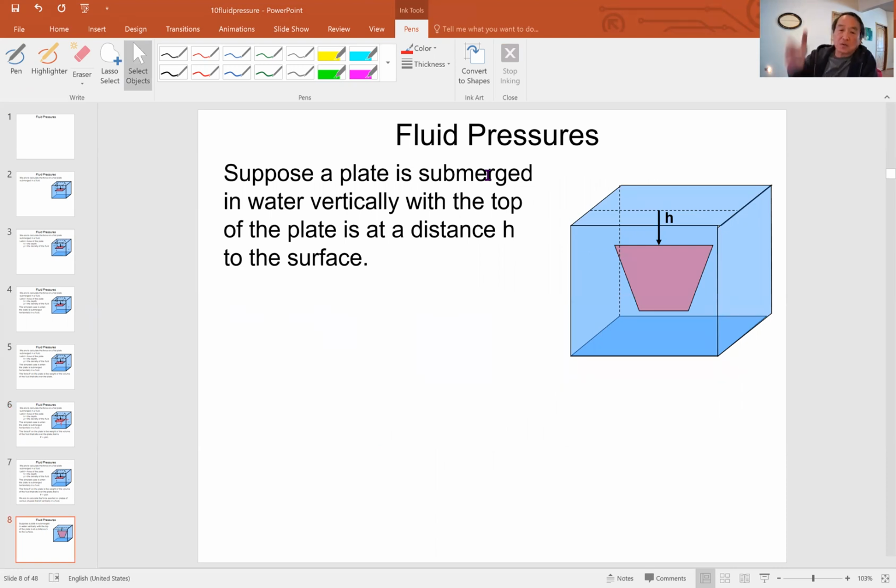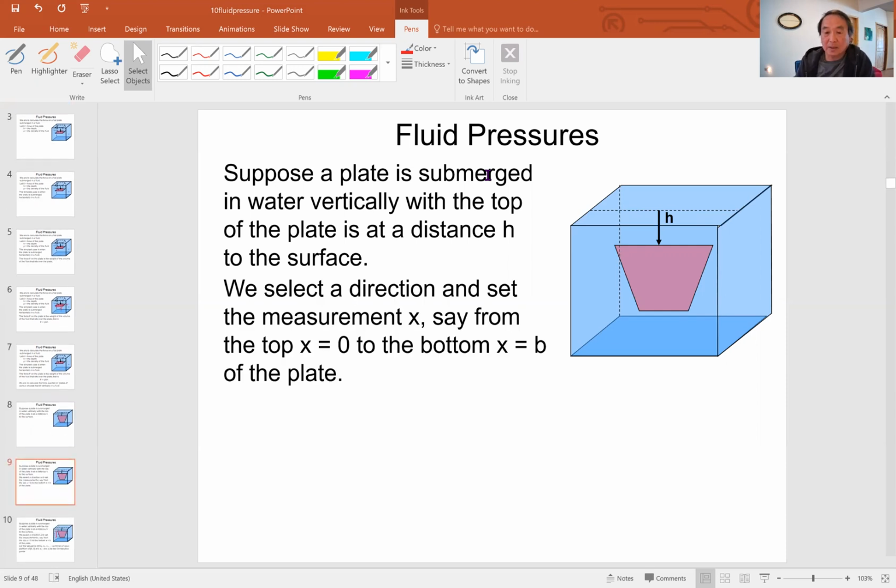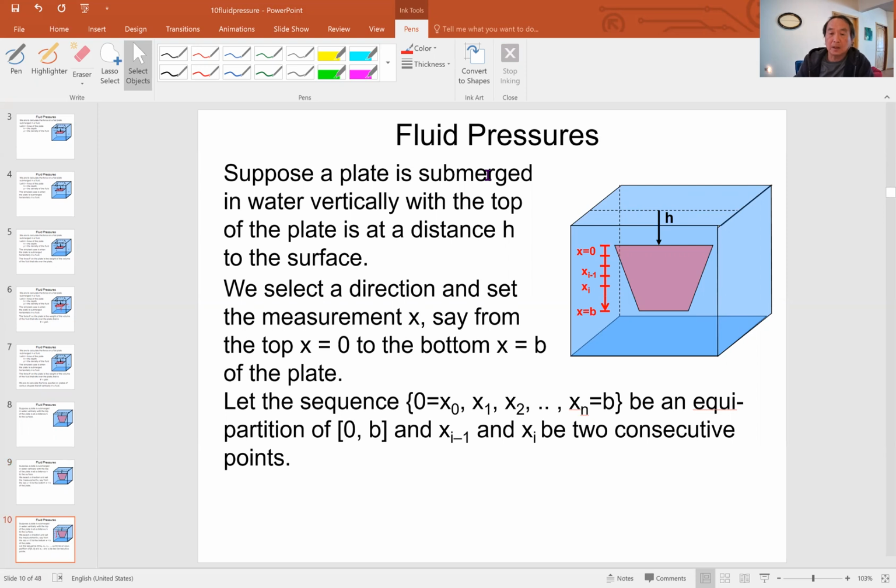Suppose we have a plate submerged vertically, we can measure the pressures on the plate. Of course, the deeper part of the plate has more pressure against it because it is deeper. And we're going to calculate and put that into a formula.